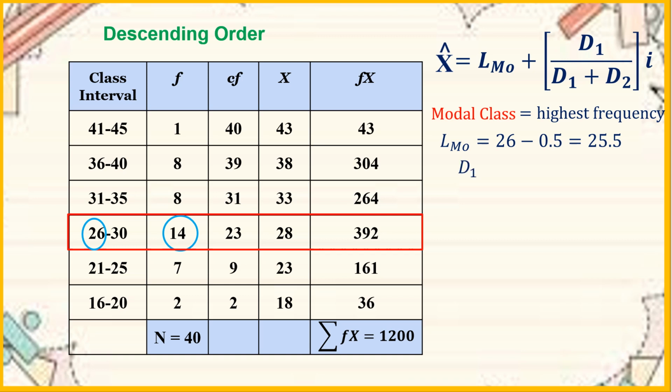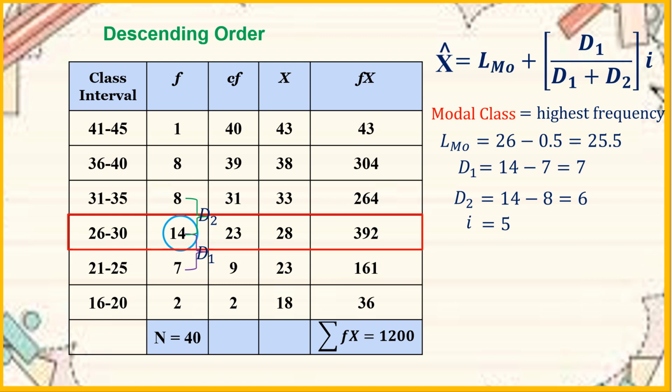Then D1. In descending order, this is our D1. So we have 14 minus 7, which is equal to 7. And this is our D2. So D2 is equal to 14 minus 8, which is equal to 6. Then the I, of course, a while back, it is equal to 5.